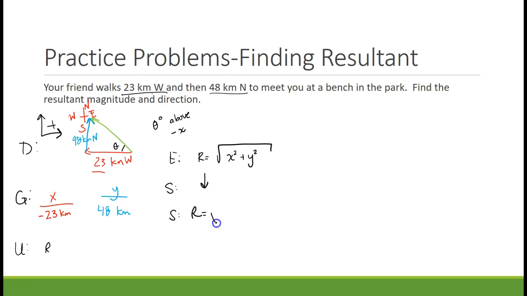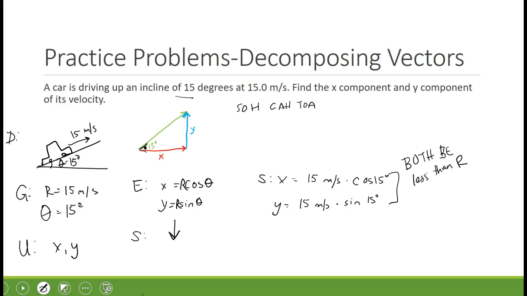So r equals the square root of negative 23 kilometers squared plus 48 kilometers squared. I'm not going to plug that in right now, but you can see where I'm going. And also, if we're looking for the angle, we want to use an inverse trig function. Because these are my given values, I'm going to use tan inverse of y over x, because opposite, oh, forward one.